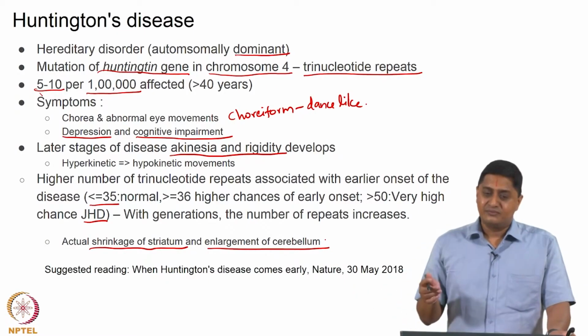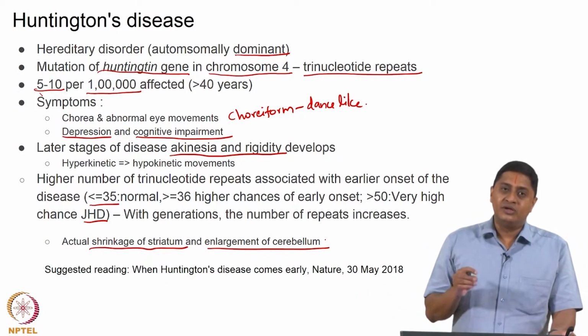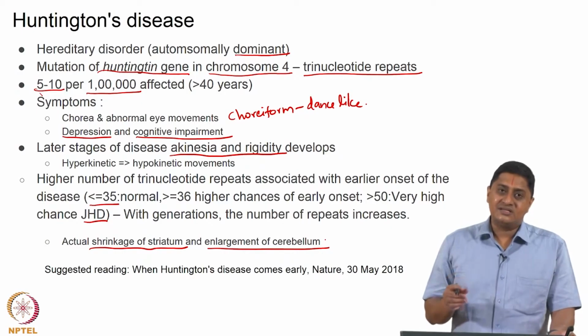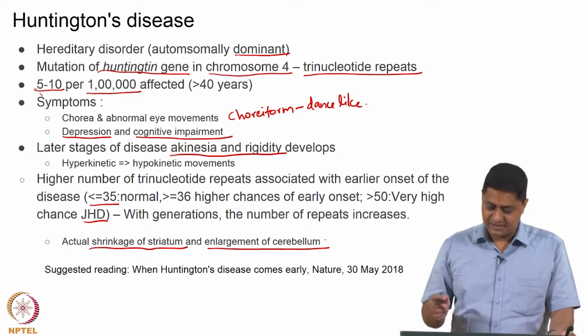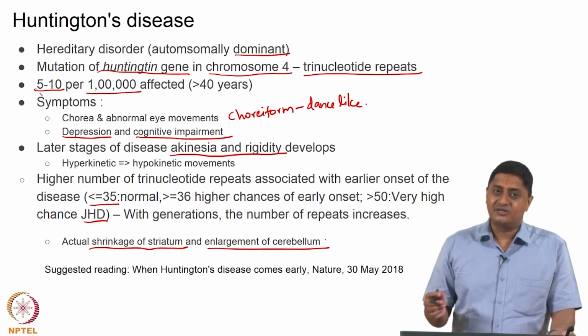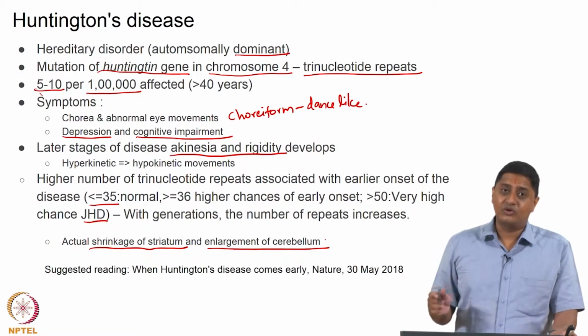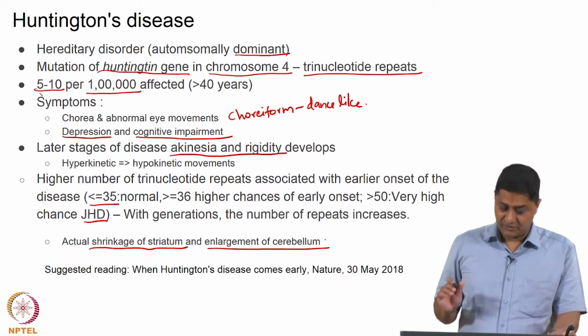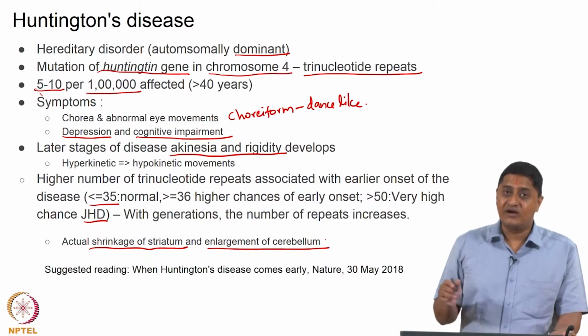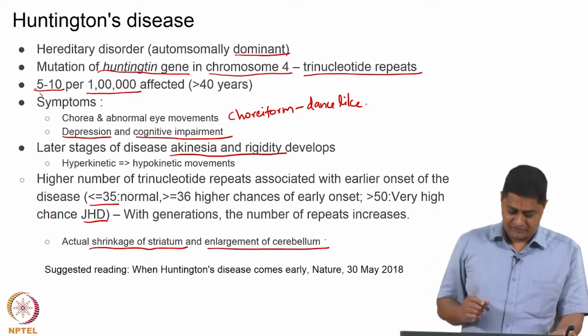So, in other words, people in whom the disease sets in at an early age, like in juvenile Huntington's disease, have a higher chance of directly going to the rigidity form without going through the dance-like chorea symptom typical of this disease.